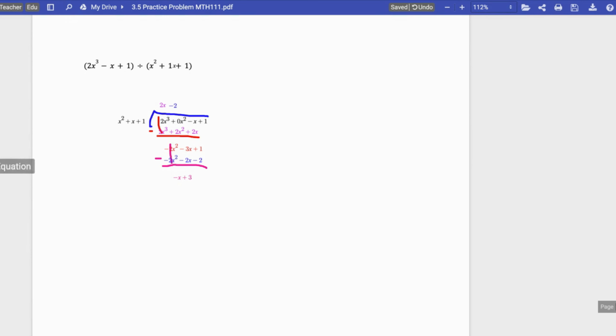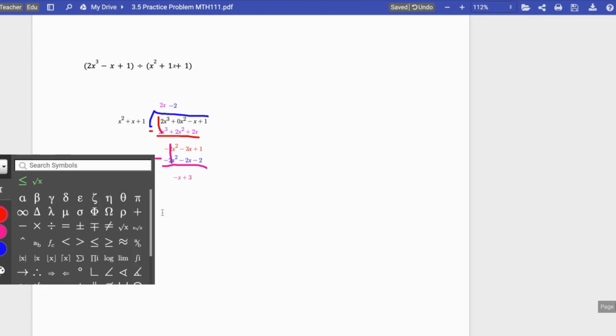This is my leftover. So how I'm going to write my solution is I'm going to take the original factor that I was dividing by, x squared plus x plus 1, and then my new answer, which is what I got up here on top, 2x minus 2.